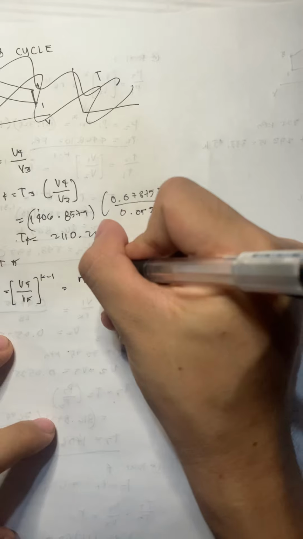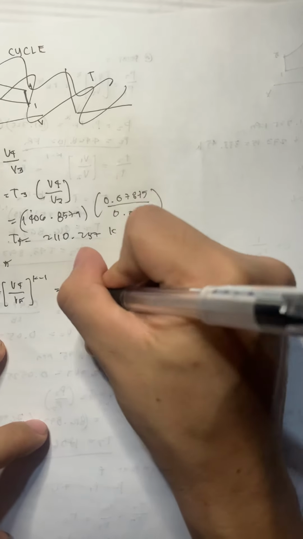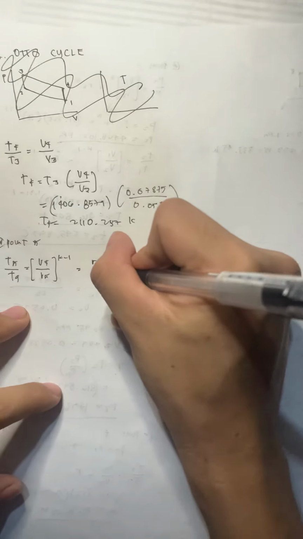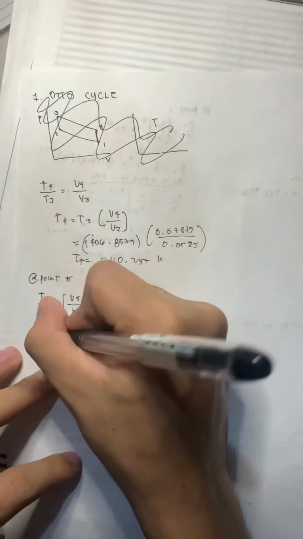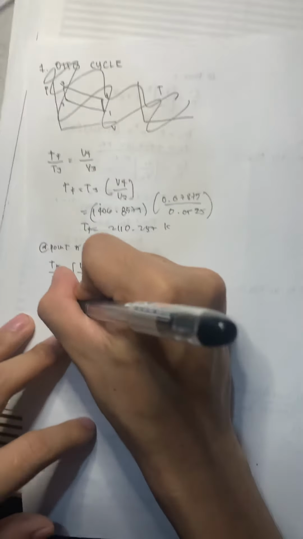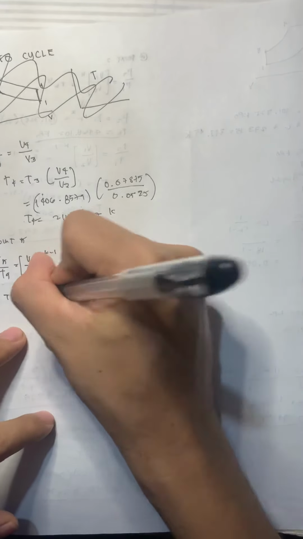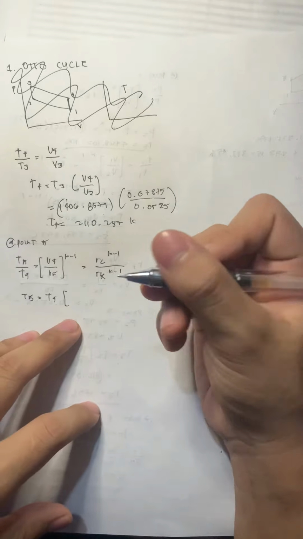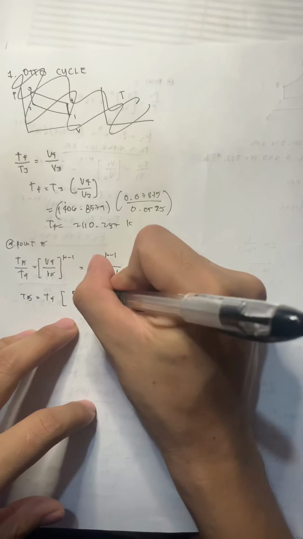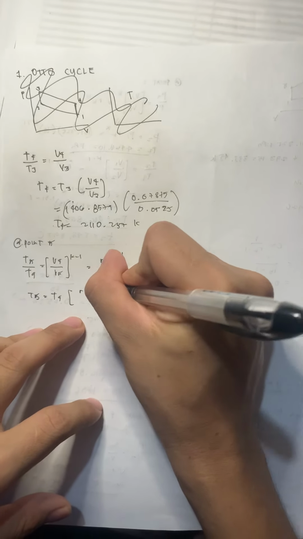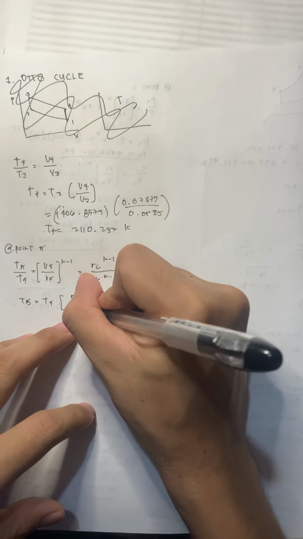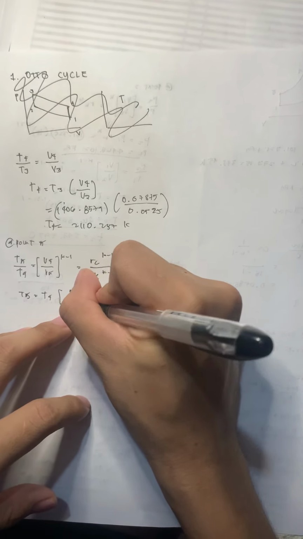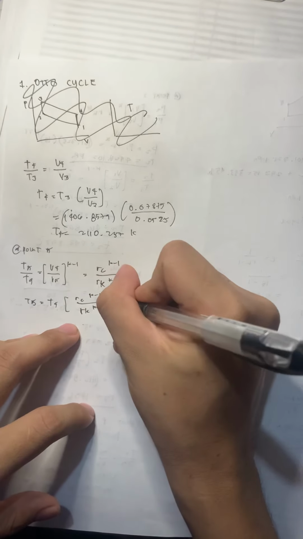Also, cutoff ratio to the K minus 1 over compression ratio to the K minus 1. T5 equals T4 times cutoff ratio to the K minus 1 over compression ratio to the K minus 1.